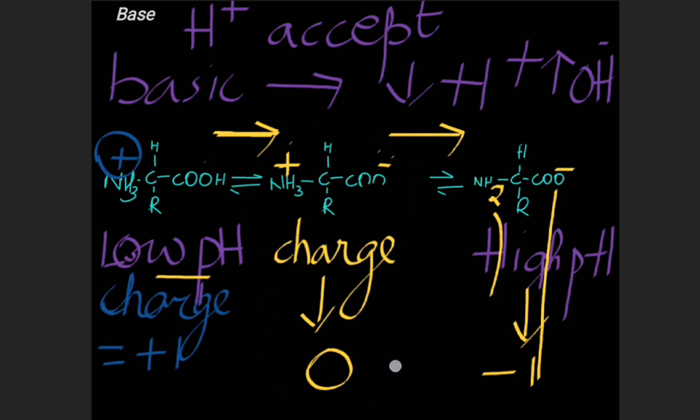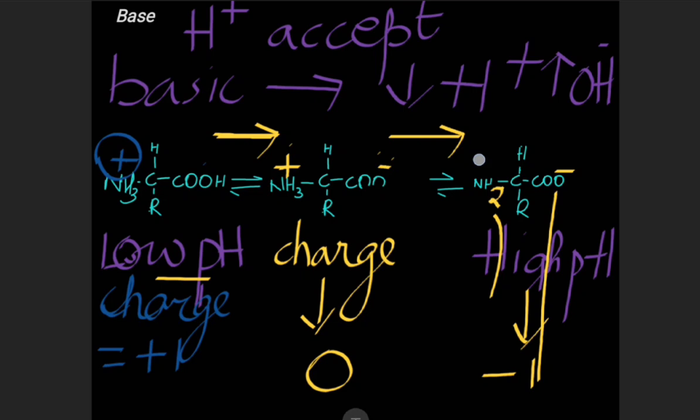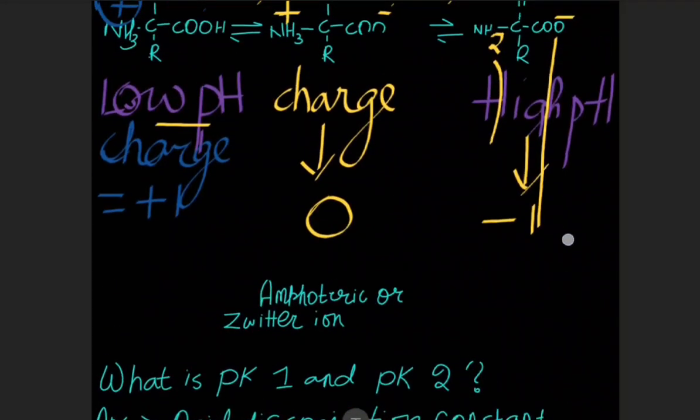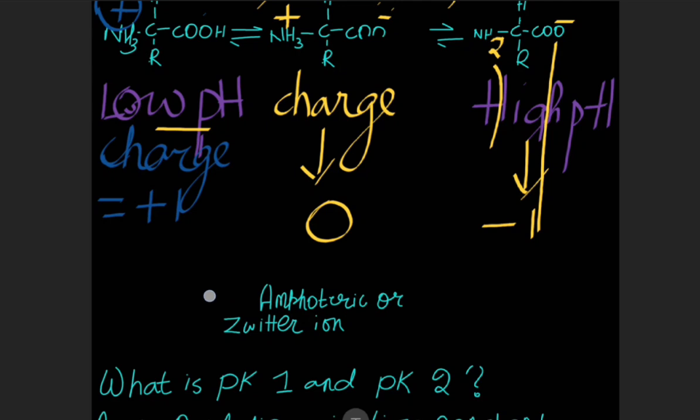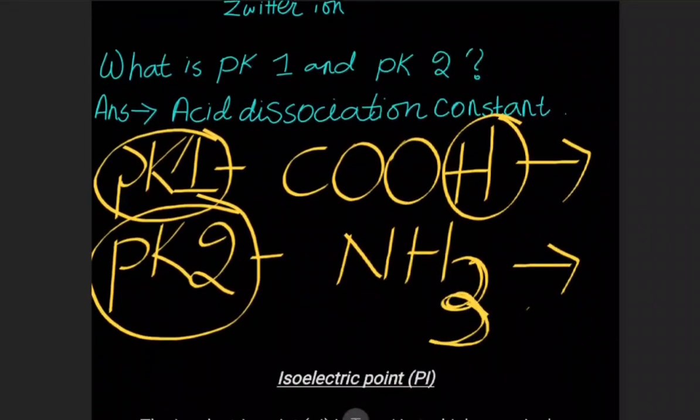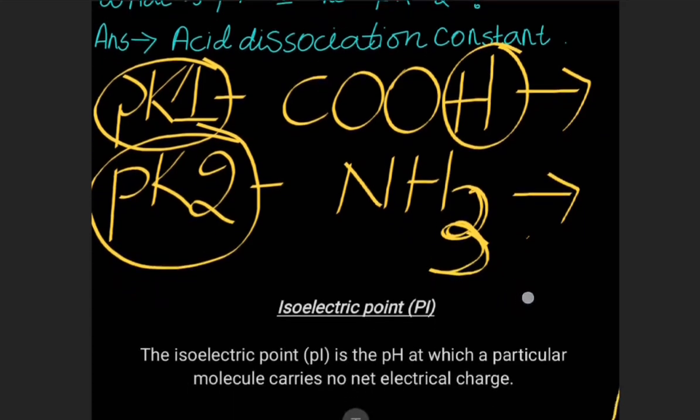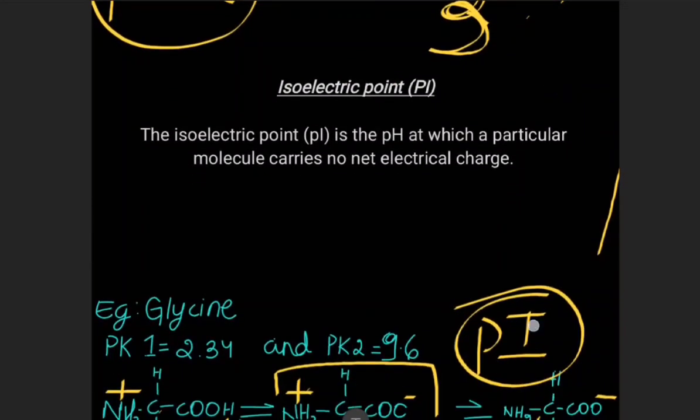Then this one has no net charge, a zwitterion, and because of the high pH, this one will lose its hydrogen, contributing a charge of -1. We also have the term amphoteric, and we studied pK1 and pK2, the acid dissociation constants. pK1 is for COOH and pK2 is for NH3+.